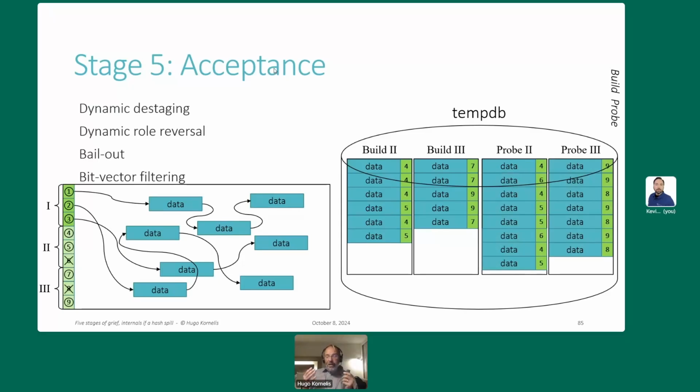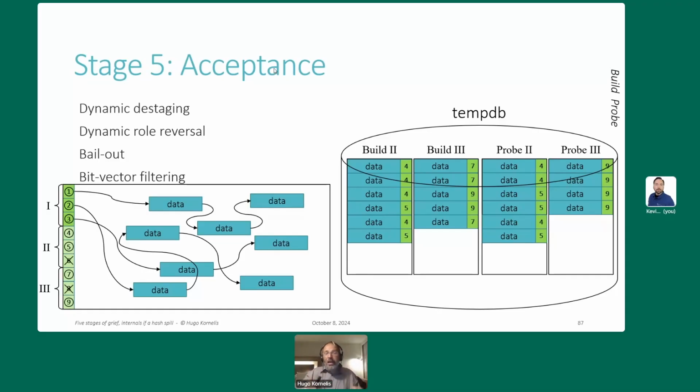The result is that at the end of the probe phase, we don't have all this data in the probe files. Some of the rows were never written. They were already processed as non-matching rows and not stored in the probe files, which means that those probe files are now smaller, which means that there's a higher chance that we can do dynamic role reversal, which means that there's a higher chance that we can avoid bailout.